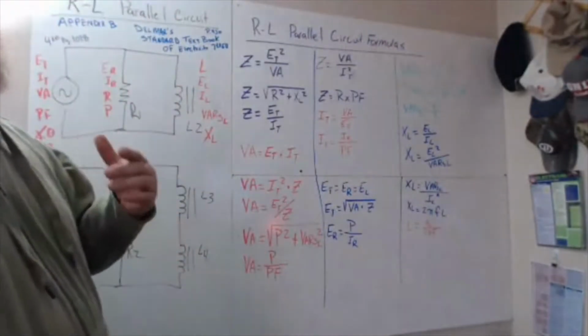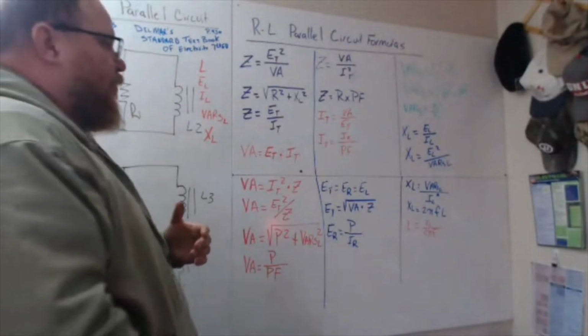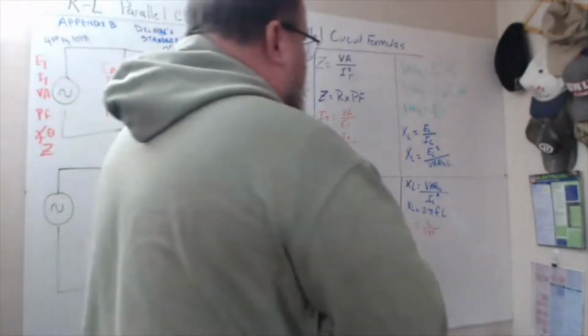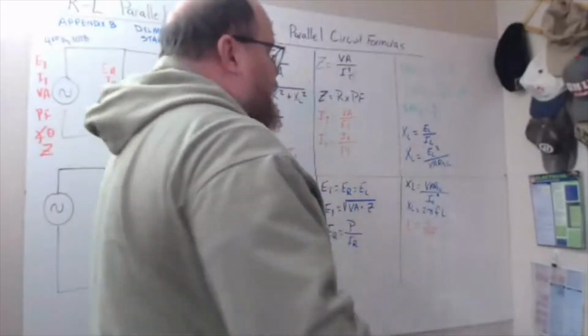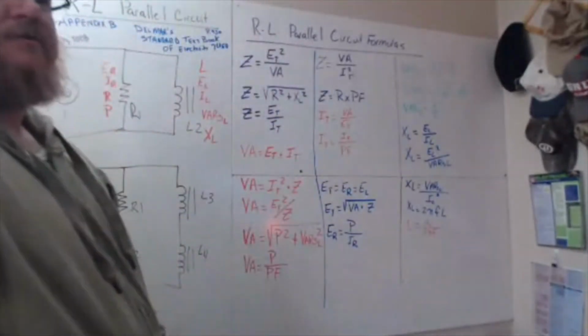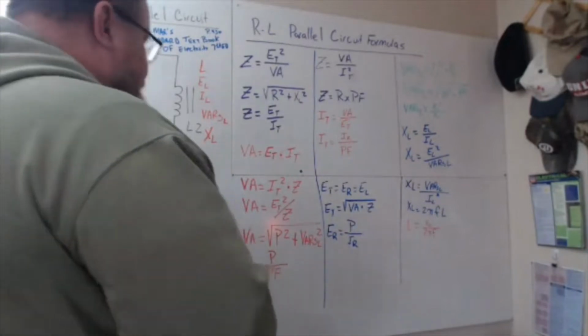Volt amp reactance is another manipulation of the power formula, where, as we've discussed before, XL is inductive reactance and its unit of measurement is ohms, similar to resistance.